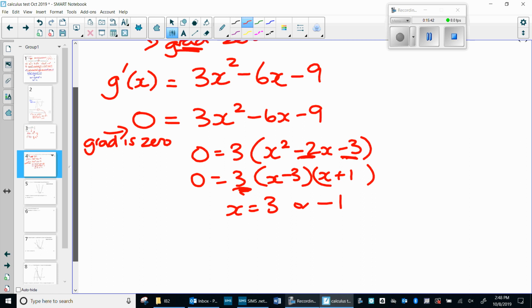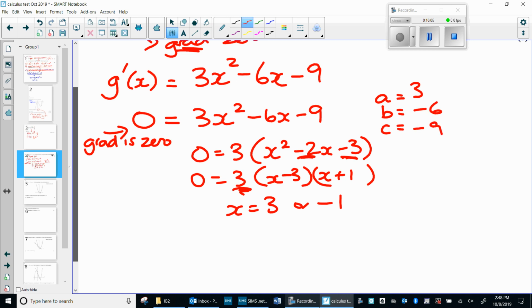You could have used the quadratic formula. It is on your formula sheets, I'm sure. So it's minus b. Now, someone even, I think, had a equals, b equals and c equals and then put the wrong numbers in. So a in this case is 3, b is negative 6, and c is negative 9.